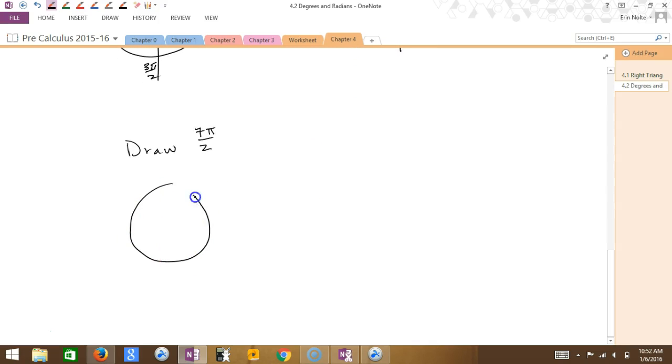If I have 7 pi over 2, what am I cutting my top half of my circle into? Into halves, right? You just count.